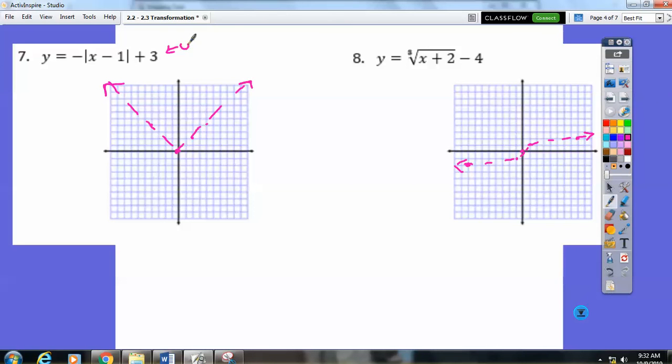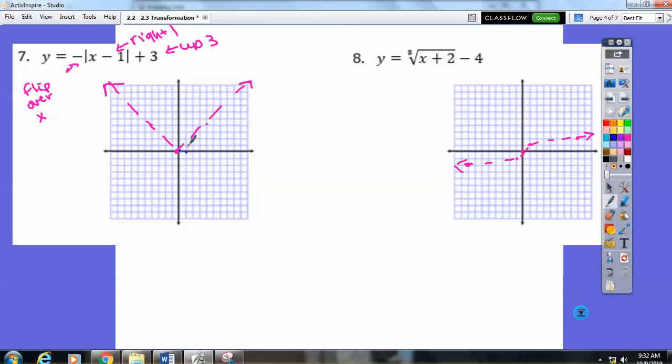So this one will go up 3, and that's going to be the very last thing I do. This -1 would move my graph. And this negative would be like making my y negative, so flip over the x. So if I take a point, 0, 0, and I flip, it doesn't go anywhere.